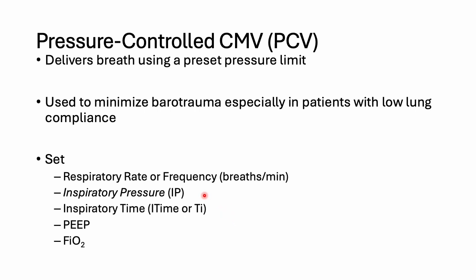So the pressure is reached. Let's just say the machine is set at an inspiratory pressure of 20 centimeters of water pressure. Then there is also an inspiratory time that is set as 1 second. So the machine is triggered and delivers the pressure to 20 centimeters of water, and then the inspiratory time will last for that 1 second before it cycles off to exhalation.